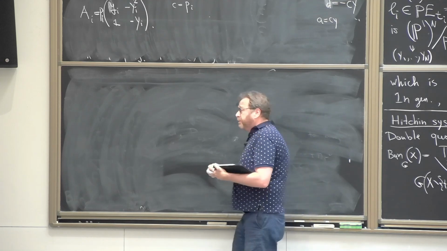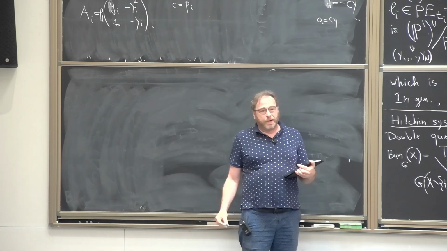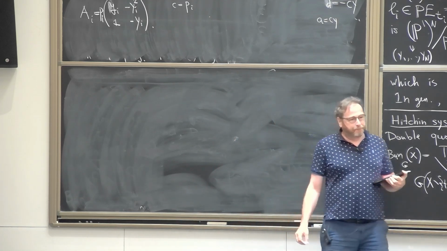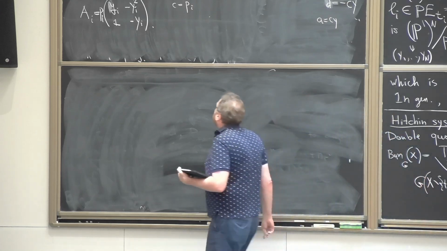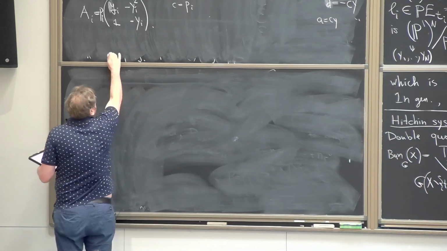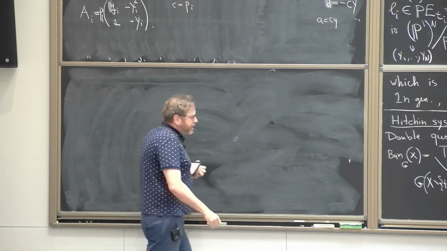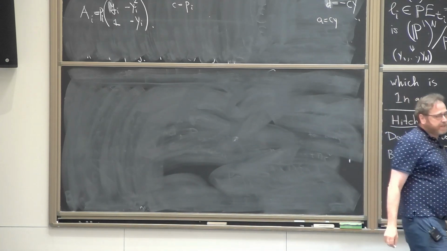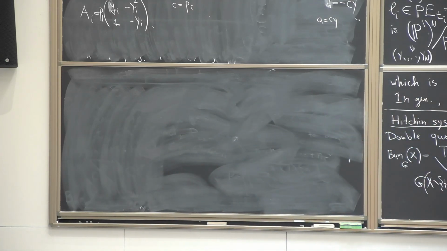I could kill it, but then the computations would become more ugly. So it is better to keep it in the game. And so this way we have a phase space of dimension 2n. We have n y's and n p's. When we do complete reduction, we will get, as I said, an n minus 3 dimensional space of y's and n minus 3 dimensional space of p's, but the formulas will get ugly.